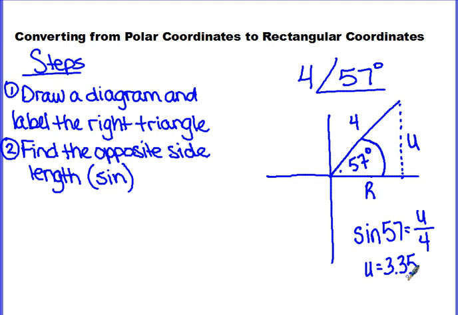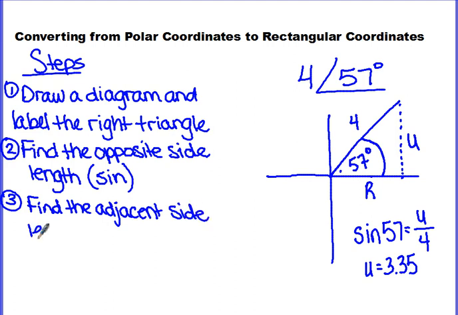Step 3 is to find the adjacent side length. If we're finding the adjacent side, we're going to use the cosine function. We're finding the adjacent to 57, so we're going to use cosine.